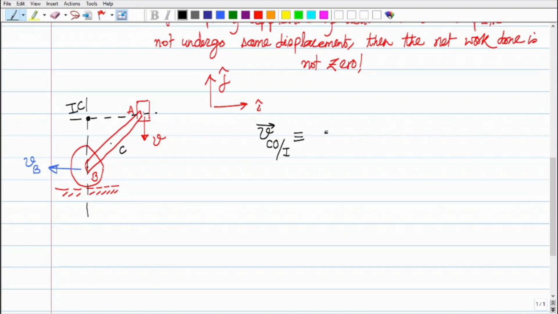It's implied. So velocity of the collar, that's negative Vj, isn't it? Now, velocity of the disk center, which is VB, that's negative VB i.